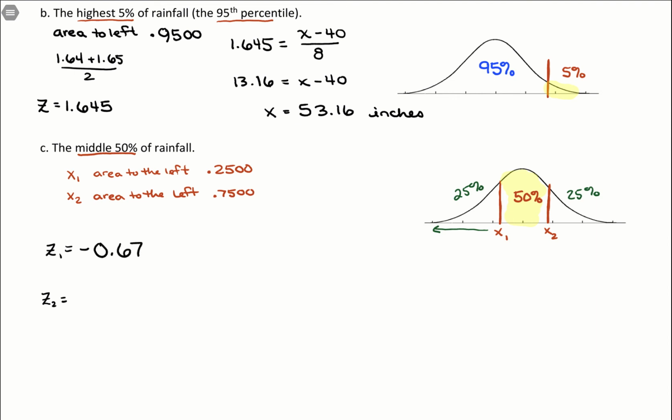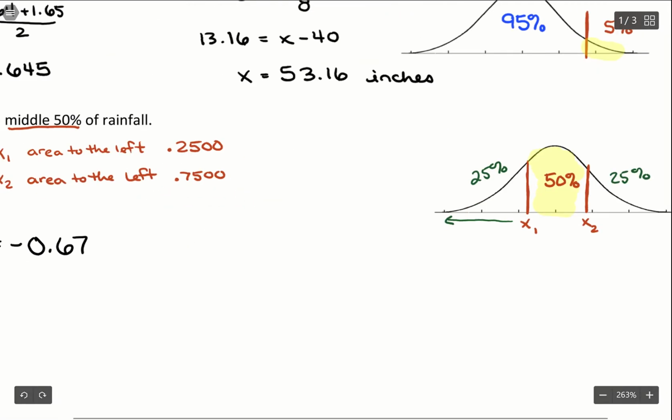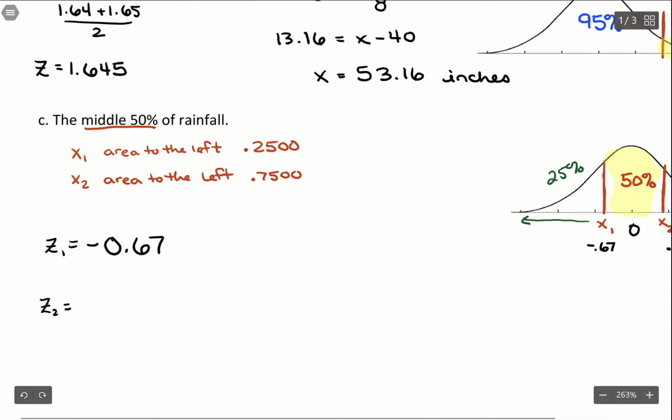0.67. Now, with z-scores and using symmetry here, what we'll end up having is a positive and negative version of the same z-score. And we'll still look it up, I'll show you this, but in terms of having 0 in the middle here, and then we just found that's negative 0.67, if it's symmetric, that's going to be a positive 0.67.